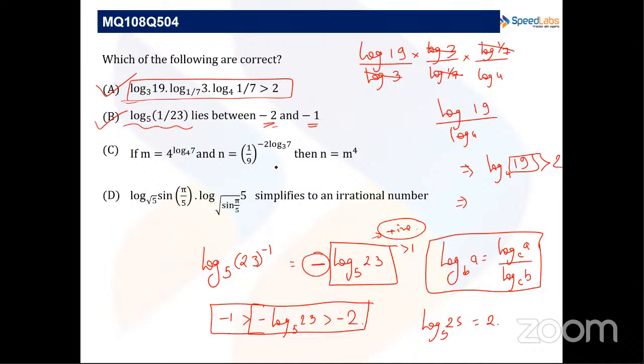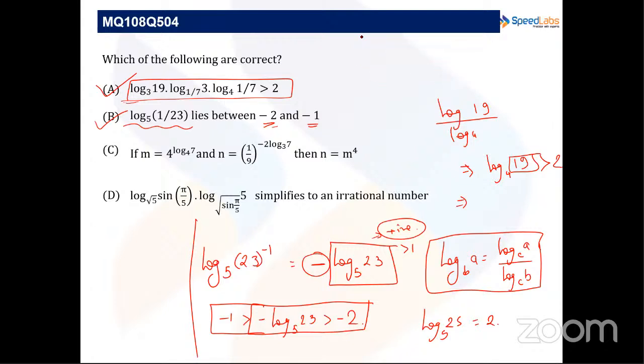Checking for the C option, we are having again one more property of log, and that property is a to the power log k to the base a. This value is equals to k. So using this property, we can say that m is equals to 7.